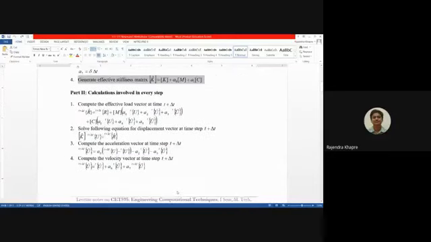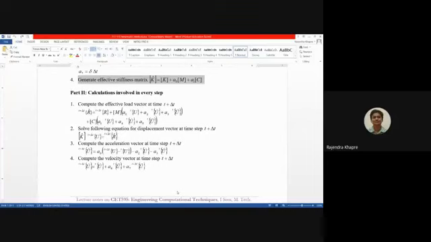For every step you need to follow a certain process so that you can get the values of the unknown displacement, velocity, and acceleration. The very first thing is to find the effective load vector at a particular time. Let us say if time is 0, then we start working on the calculation of the response at delta t.